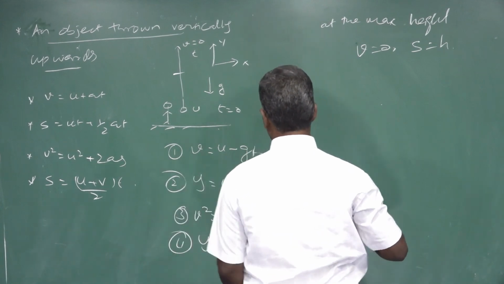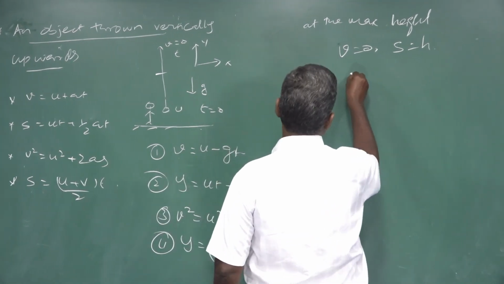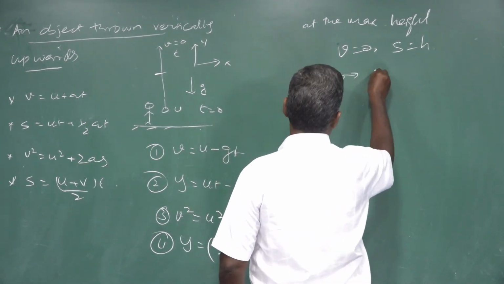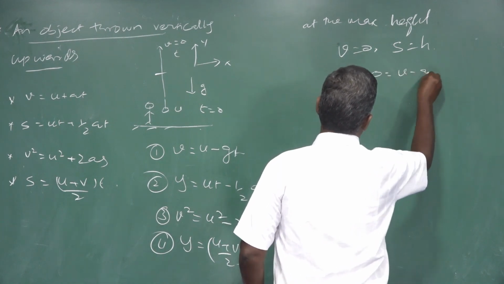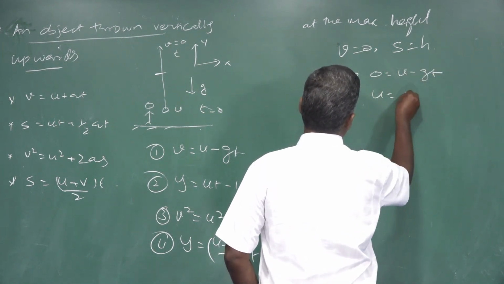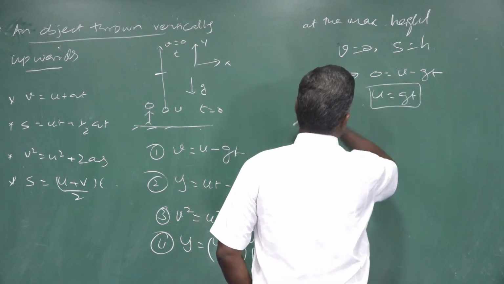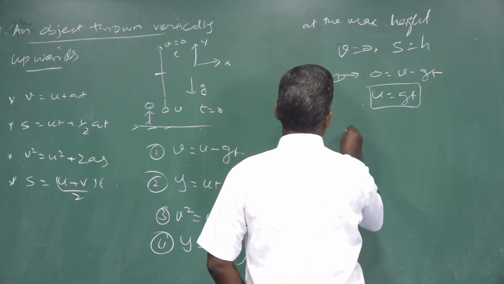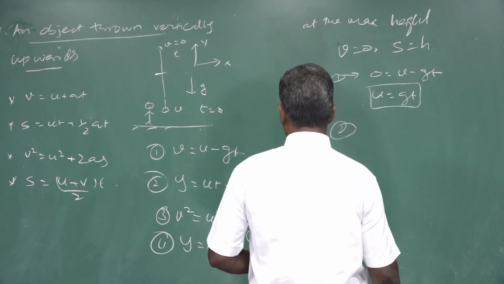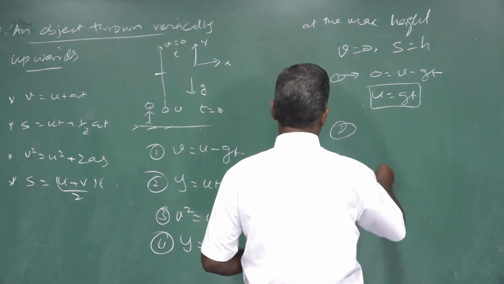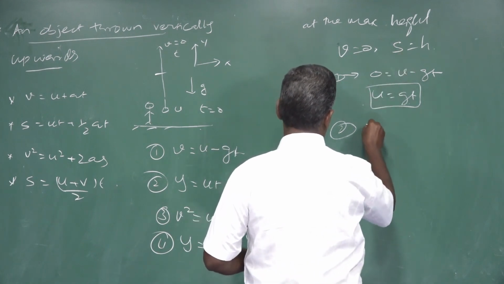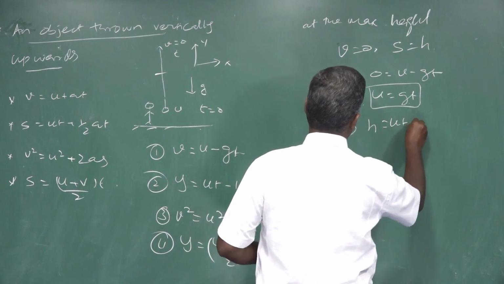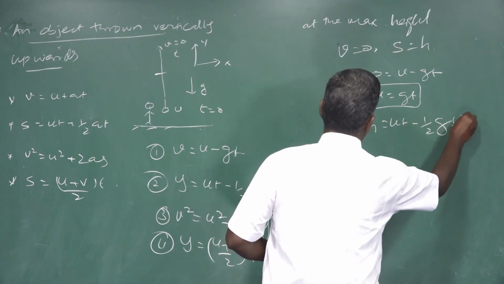So if we substitute, the first equation is 0 is equal to u minus gt. From that, u is equal to gt for the maximum height. The second equation: at the maximum, the displacement is h. h is equal to ut minus half gt square.